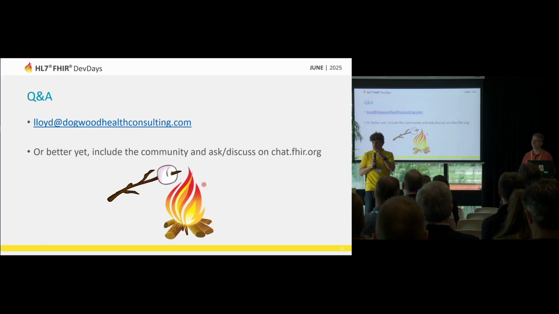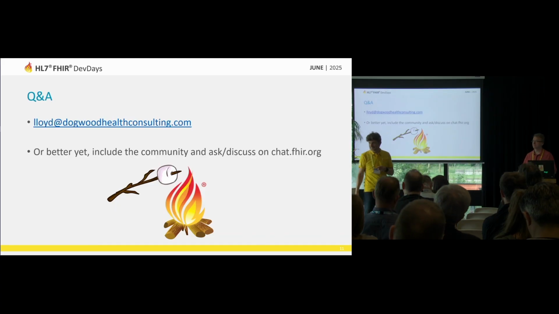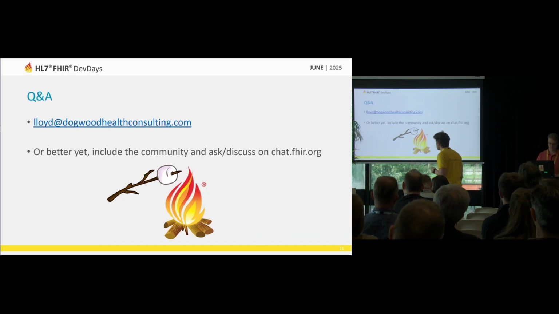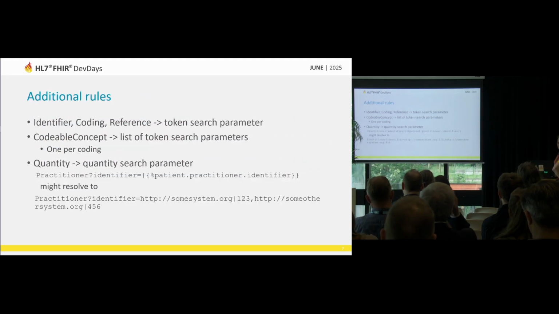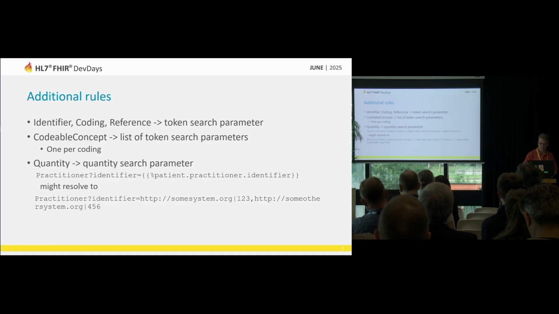I have multiple questions, but first, Ilya. Could you please go back to the slide with identifiers? This one? Yeah. Here we have a conversion when an identifier is represented as system pipe value, but I don't think that lots of FHIRPath implementations do this conversion. If we run identifier to string, it will be something JSON-like. Yeah.